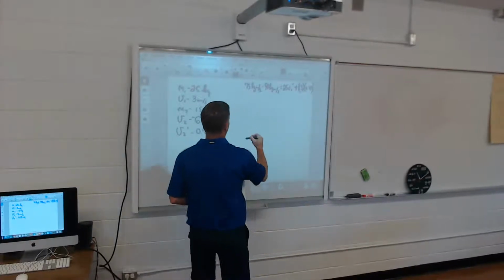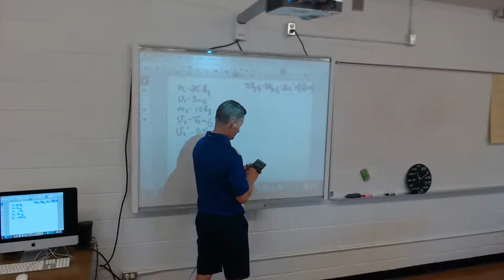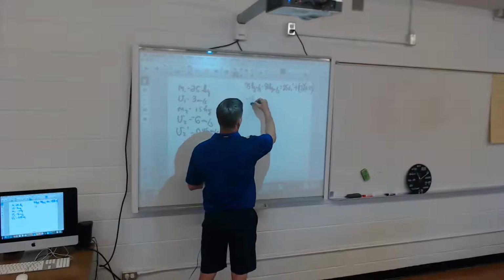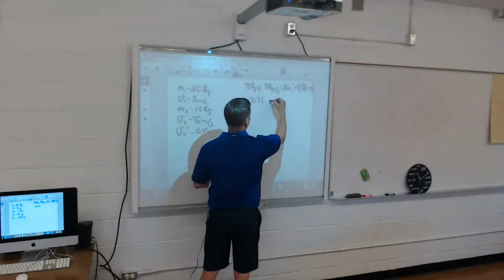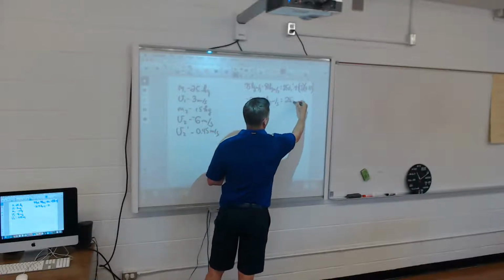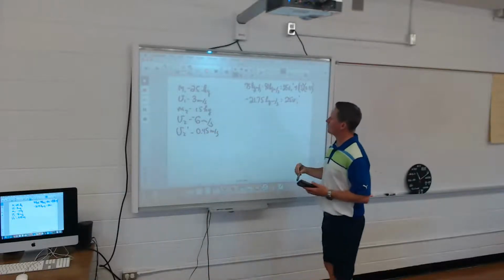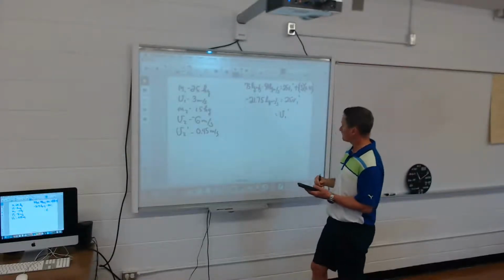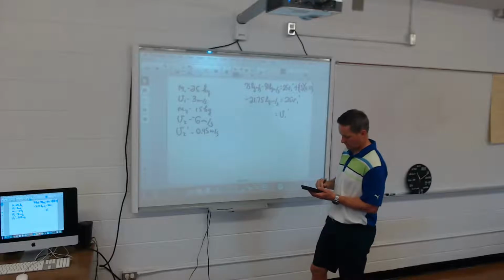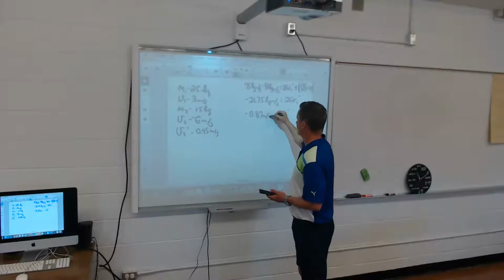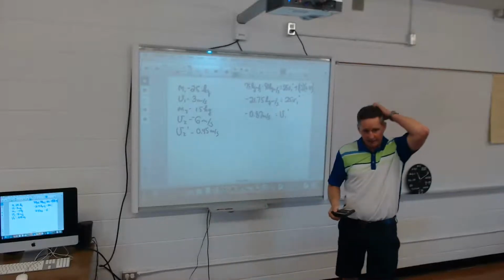So I have negative 15, subtract 15 times 0.45 equals minus 21.75 kilogram meters per second equals 25 V1 prime. Now my V1 prime equals that.